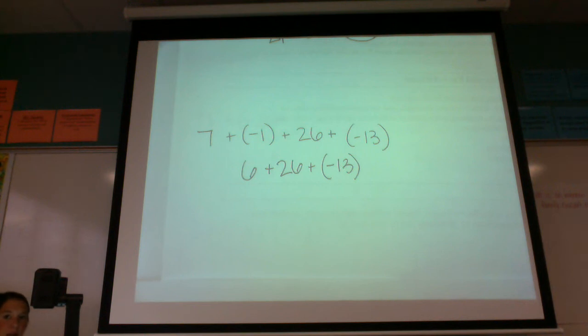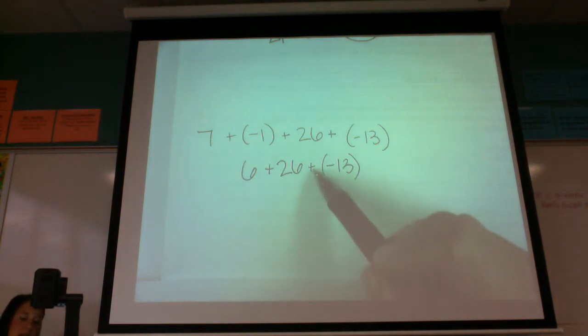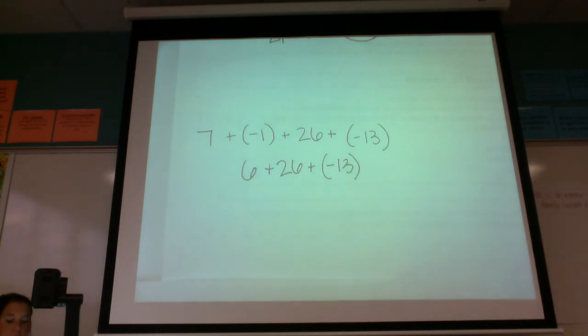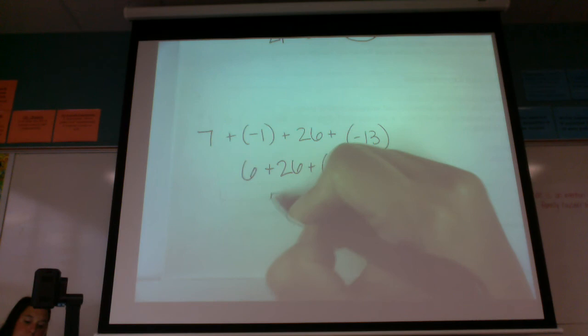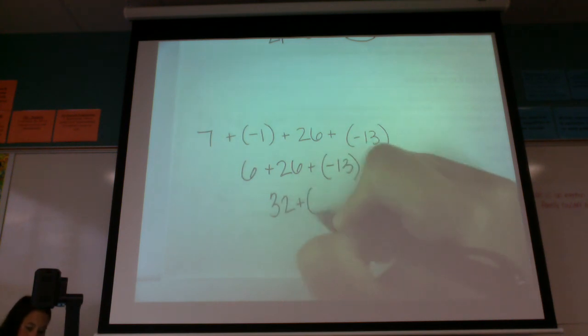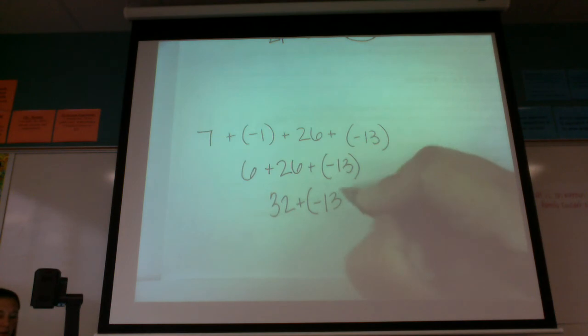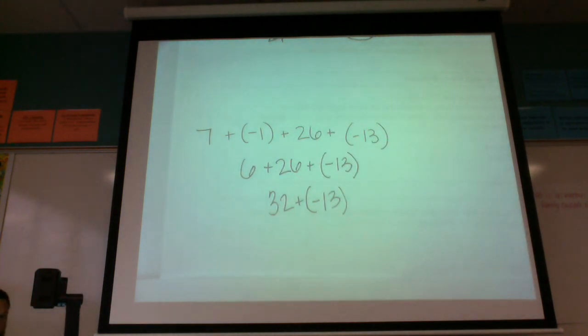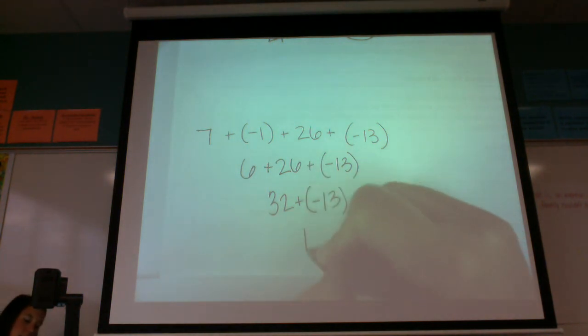Doesn't mean multiplication or anything unless it's touching another number. And here they're not touching, it has that plus sign in between. So 6 plus 26 is going to give me 32 plus negative 13. That is going to give you what? Who's going to win that battle, the positive or the negative number? Should be the positive. Going to end up subtracting those to get 19. That was my answer.